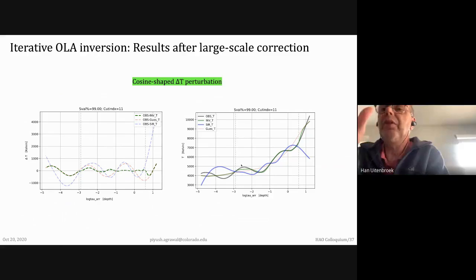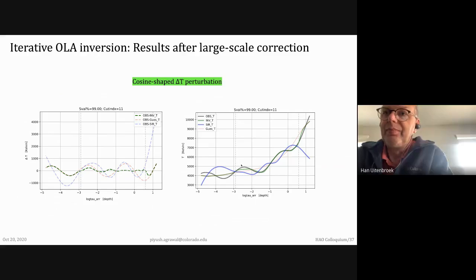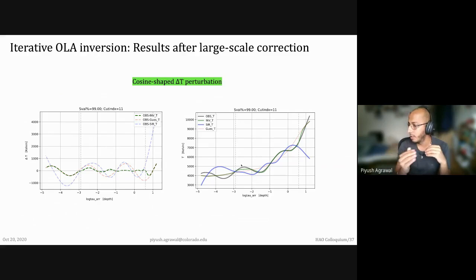I think one could certainly conceive something like a combination of a SIR-like and an OLA-based inversion, where initially the first few steps you do a node-based, and then for the refinement you do an OLA-based. I thought about that.